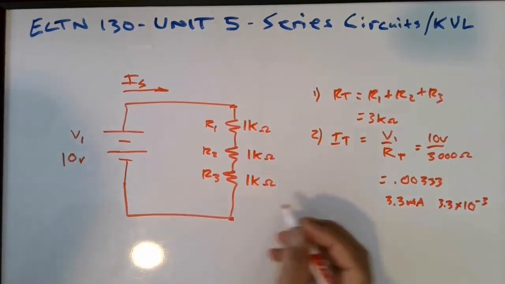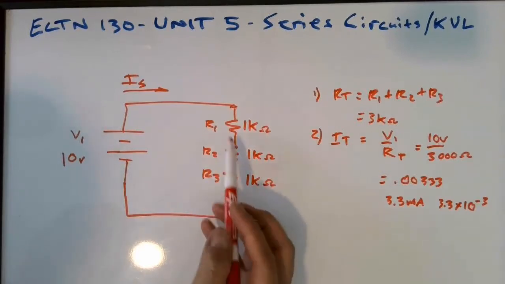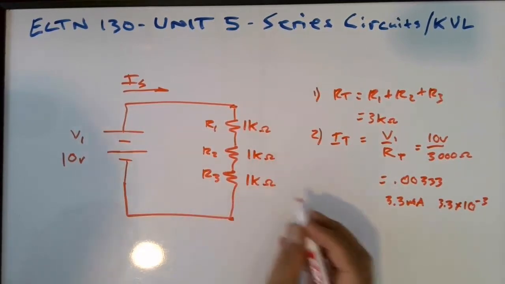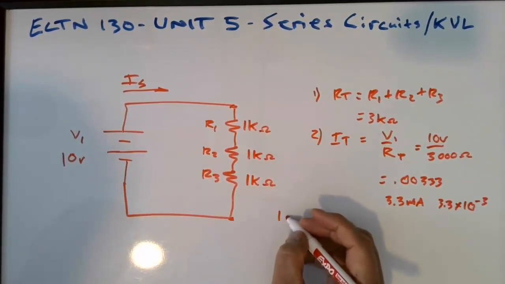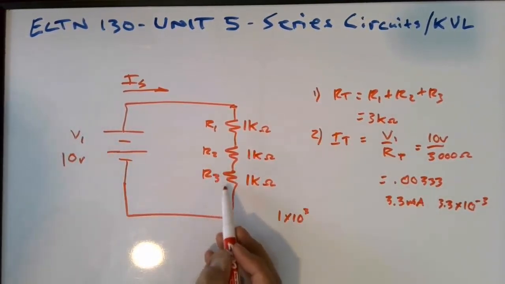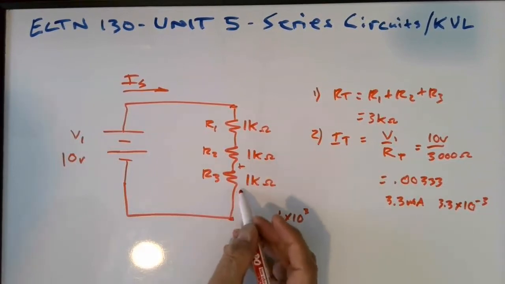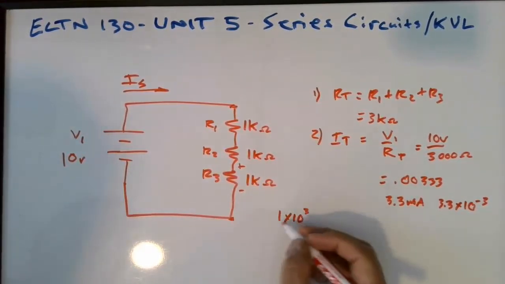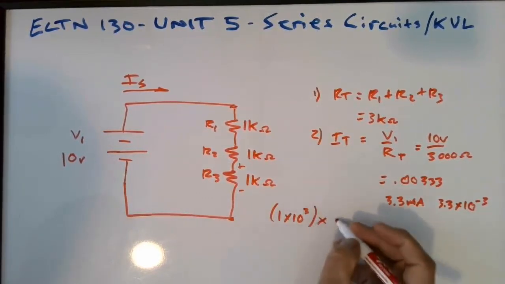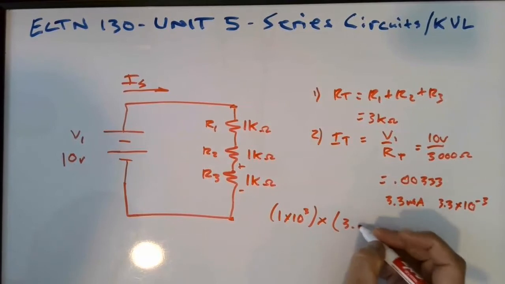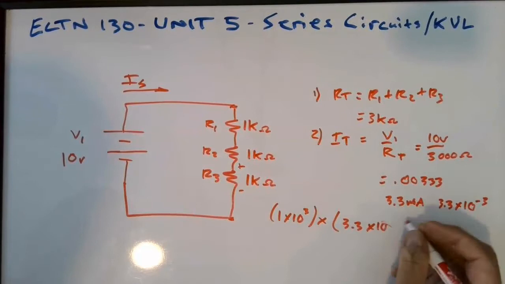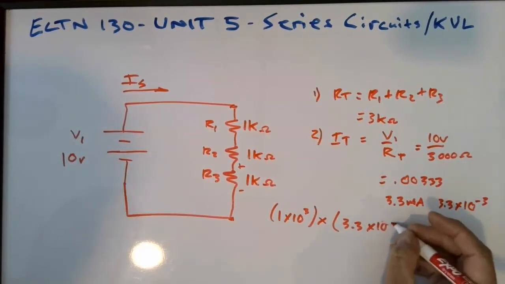What's cool about this is that in the next step, we want to find the voltage across each of these resistors, and we don't even have to worry about the units so much, because 1,000 ohms is 1 times 10 to the third. If we're calculating, for example, the voltage across R3, that equals 1 times 10 to the third ohms times 3.3 times 10 to the minus third.